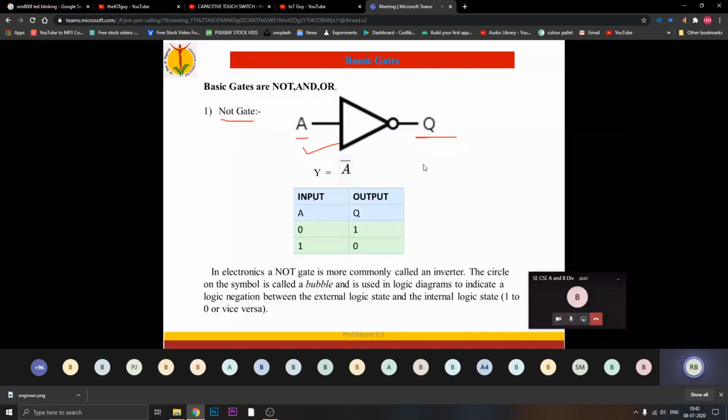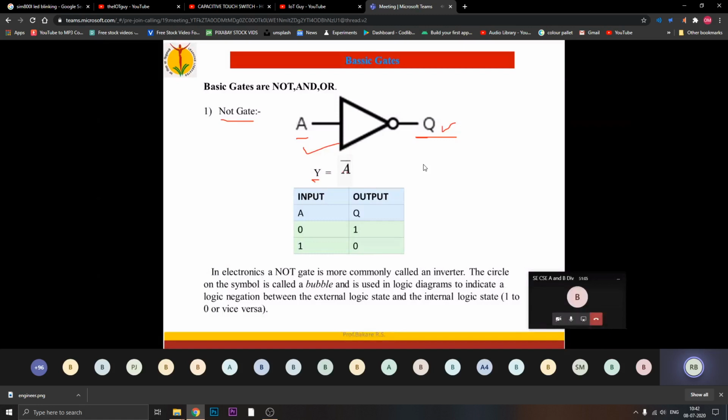Y is the output of the gate, which is equal to q. That means q equals a complement. Here a is the input. It has only one input and only one output.